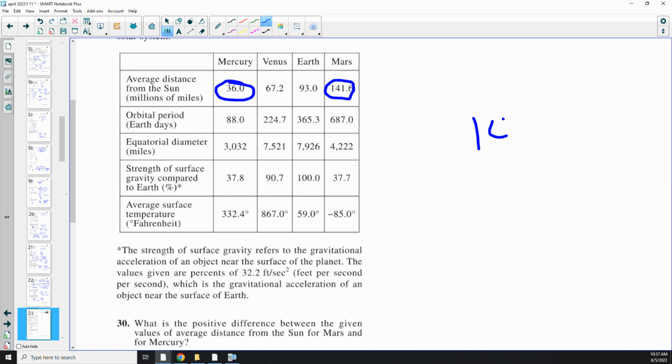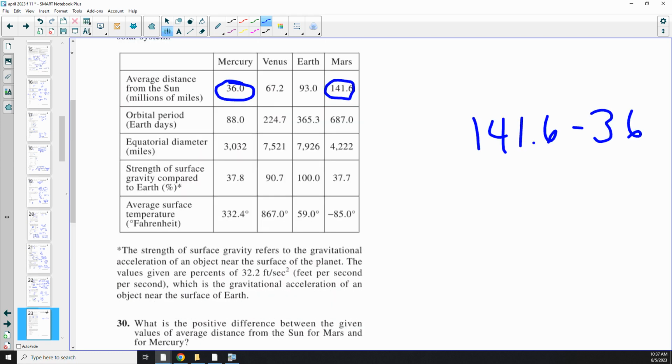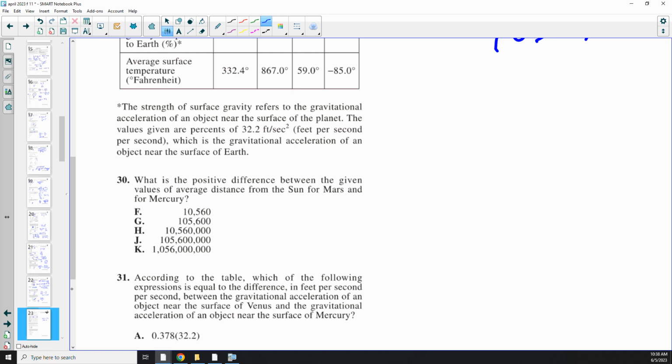So I'm going to subtract those two numbers to get an answer. 141.6 minus 36 is 105.6, but that's in millions, so it's 105.6 times a million, which has 6 zeros, so the answer is J. That would be 105 million. Ooh, these get me.